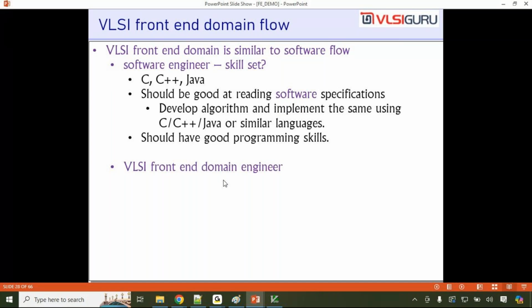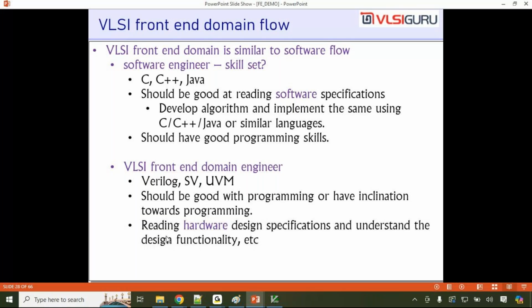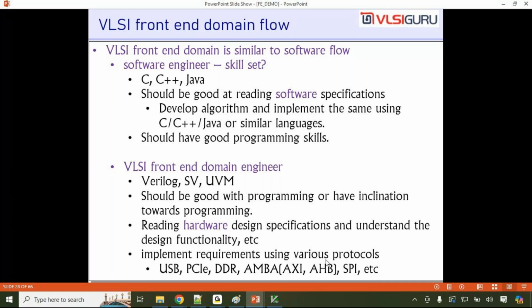Similarly, a VLSI front-end domain engineer should be good with Verilog, SystemVerilog and UVM, and should be good with programming or have an inclination towards programming. They should also be good at reading the hardware design specifications and understanding the design functionality, and implement the requirement using various protocols, like USB, PCI Express, DDR, AMBA, different things.